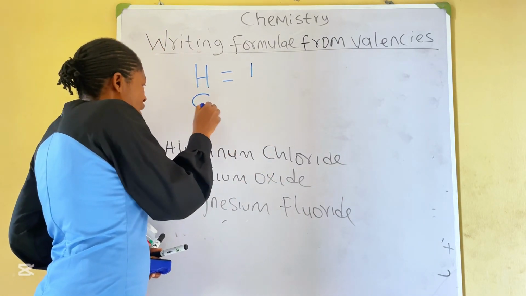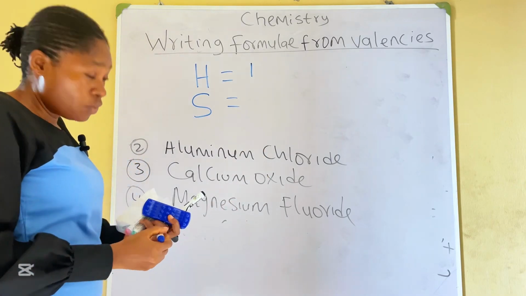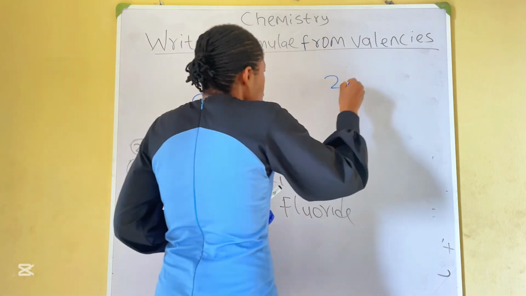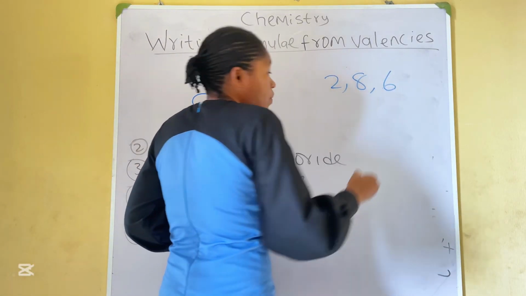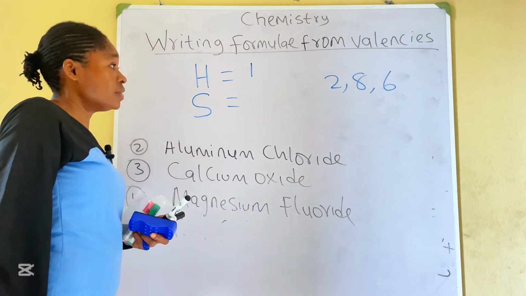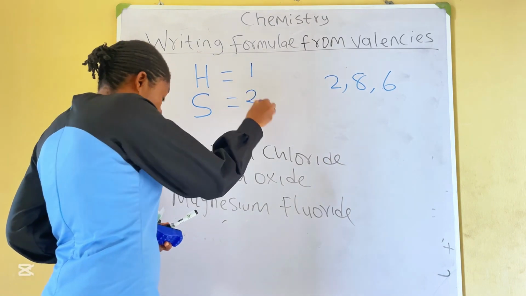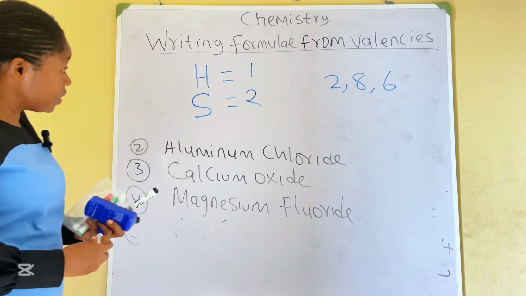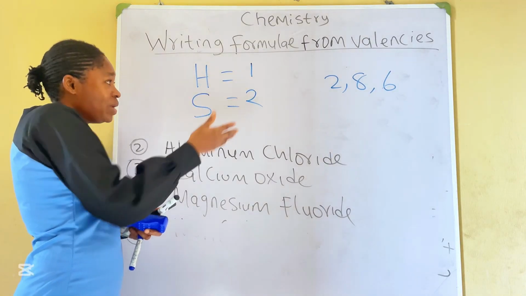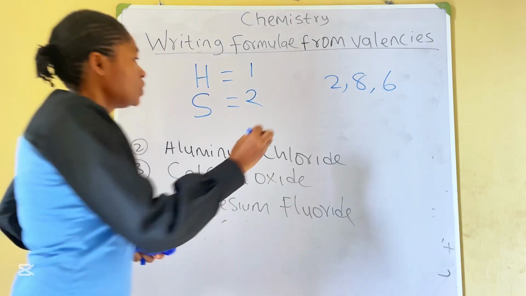Sulfide is sulfur, right? The symbol. So what's the valency for sulfur? Remember, sulfur is number 16: 2, 8, 6. It needs 2 to have 8 in the outer shell. So 2 is the valency for sulfur. I've written the symbol and the valency of that element. The next thing I'm going to do is to interchange the valency. You must interchange.